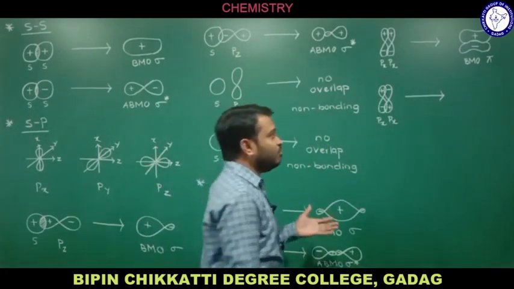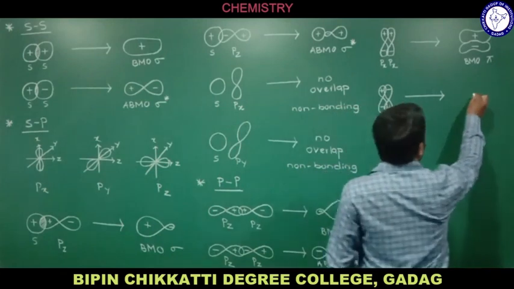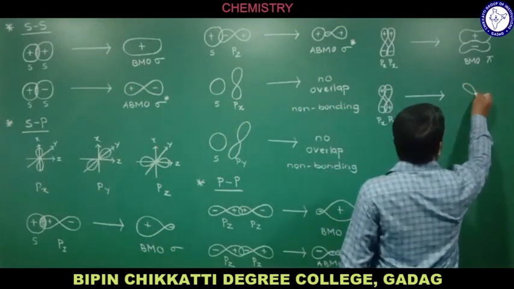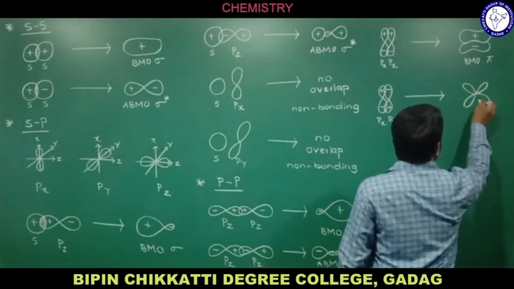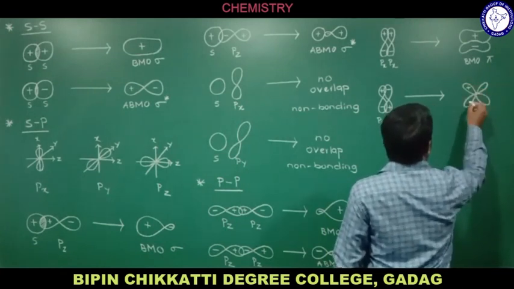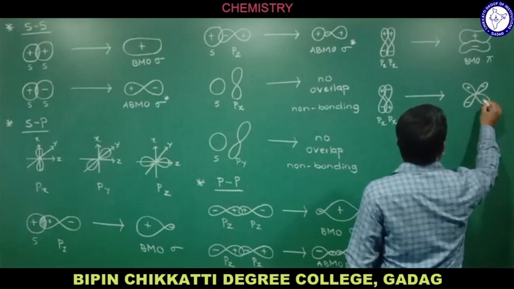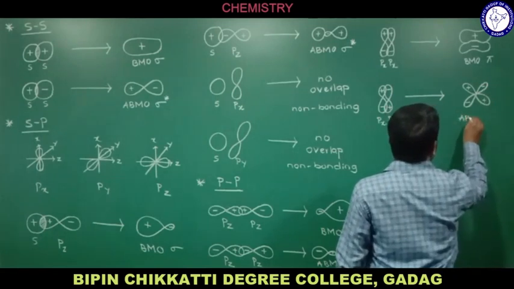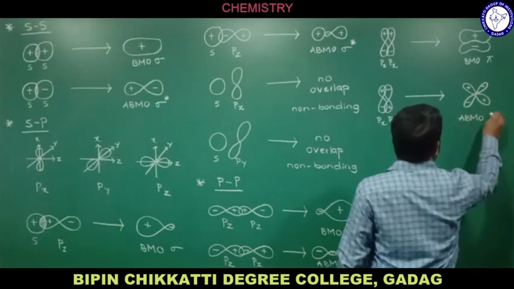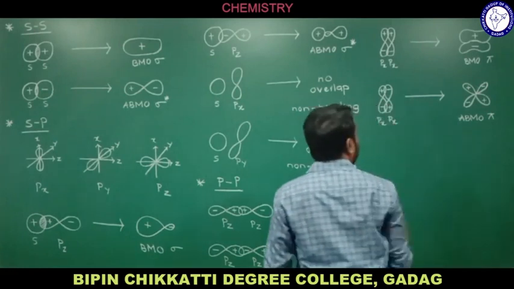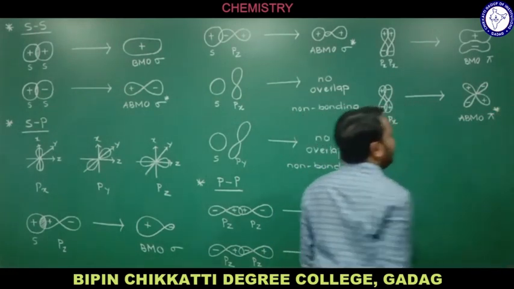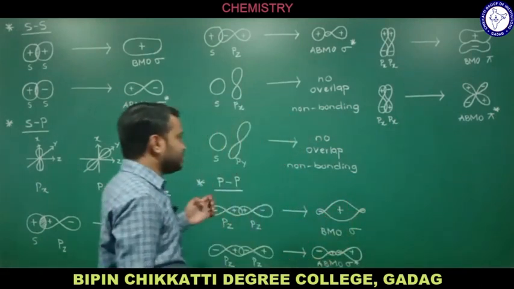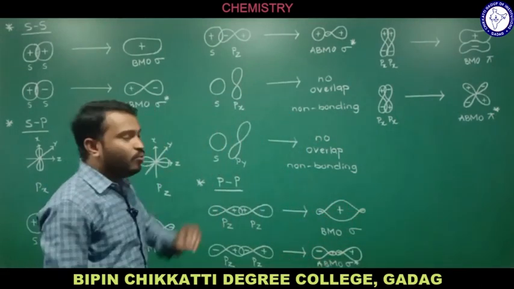Okay, ABMO, and there will be a repulsion of atoms due to the electrons present everywhere, and this will be plus and minus, this will be minus and plus. This is how ABMO can be represented. Since there is a sideway overlapping it is pi, and since it is ABMO I need to consider pi star here. So this is how p-p overlapping takes place.